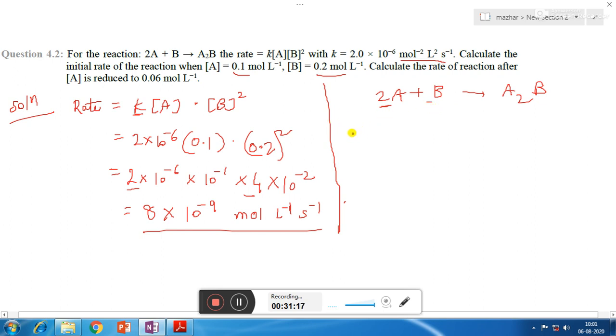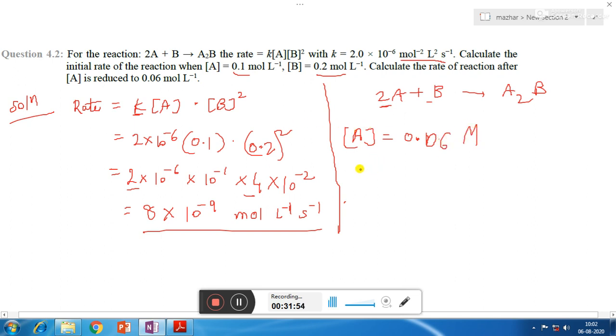So here you can see what the new concentration of A will be. Initially the concentration of A was 0.1, now it is reduced to 0.06. So the new concentration of A is 0.06 mole per liter.